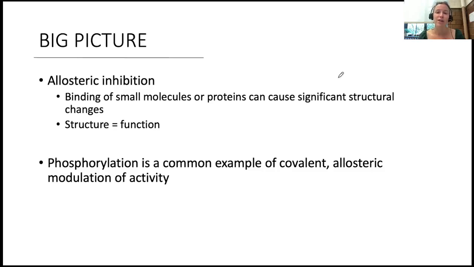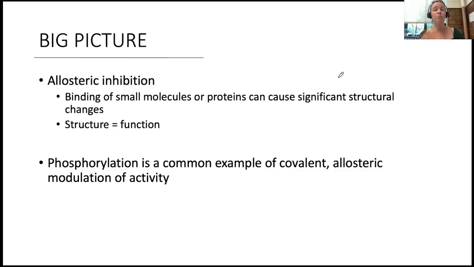That's all for allosteric modulation and inhibition for today. We talked about allosteric inhibition of an enzyme called ATCase. We talked about why it makes sense that ATCase is inhibited or activated. We also saw for glycogen phosphorylase allosteric activation through phosphorylation, but we saw inhibition and activation through a variety of small molecules as well.